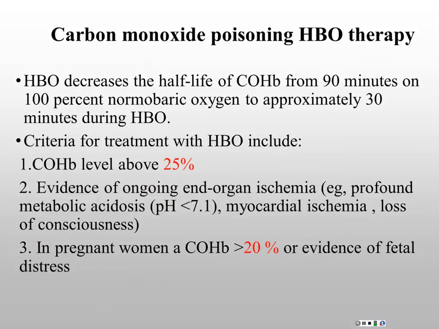If you have end organ damage like severe acidosis, cardiac arrest, seizure, or coma, this will be an indication for hyperbaric oxygen therapy. If you have a carbon monoxide level elevated above 25%, this is another indication. In case of pregnancy, the number goes down to 20%, and the other indication will be fetal distress. So you should remember these indications.